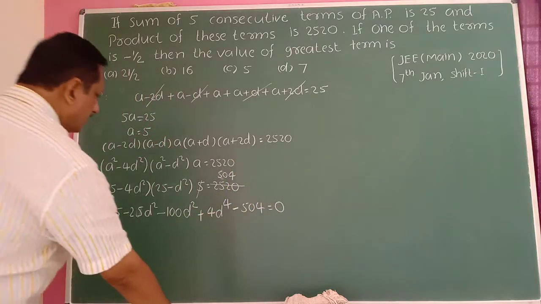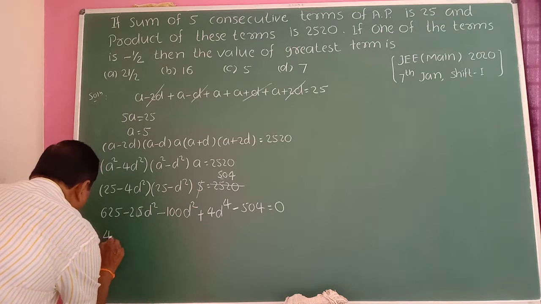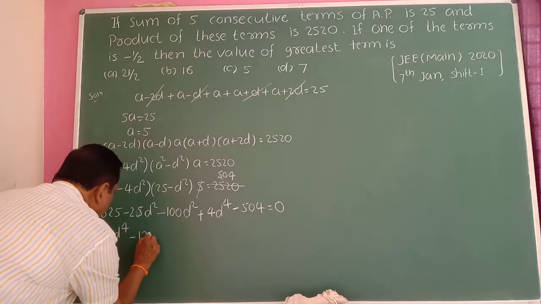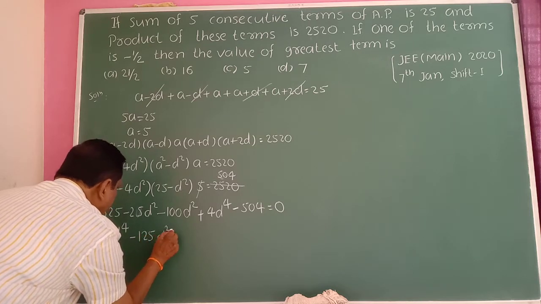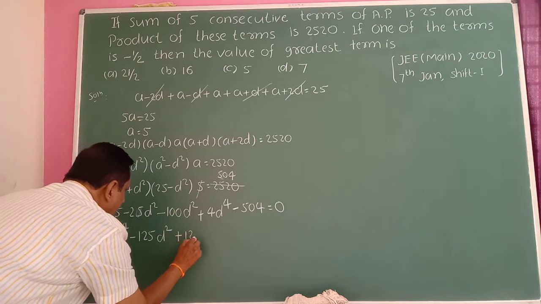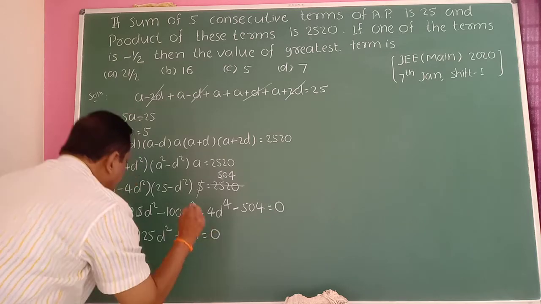Then 4d raised to 4 minus 125 d square, 625 minus 504 gives 121, that is equal to 0.